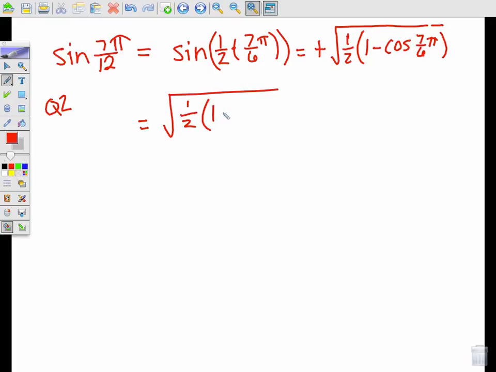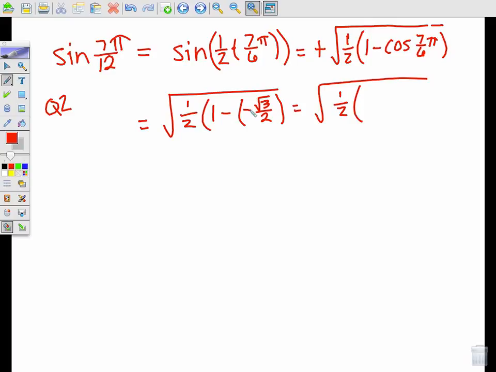All right, let's simplify this. So we've got square root of 1/2, 1 minus, and the cosine of 7/6 pi is a negative root 3 over 2. So this would equal square root of 1/2.